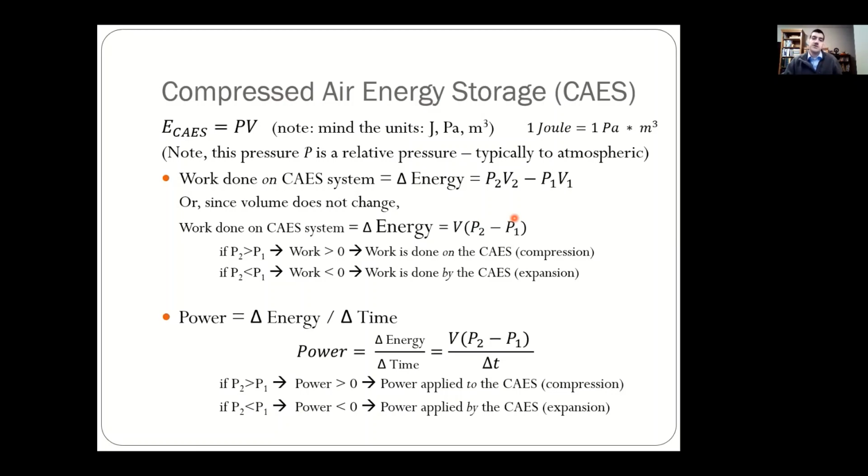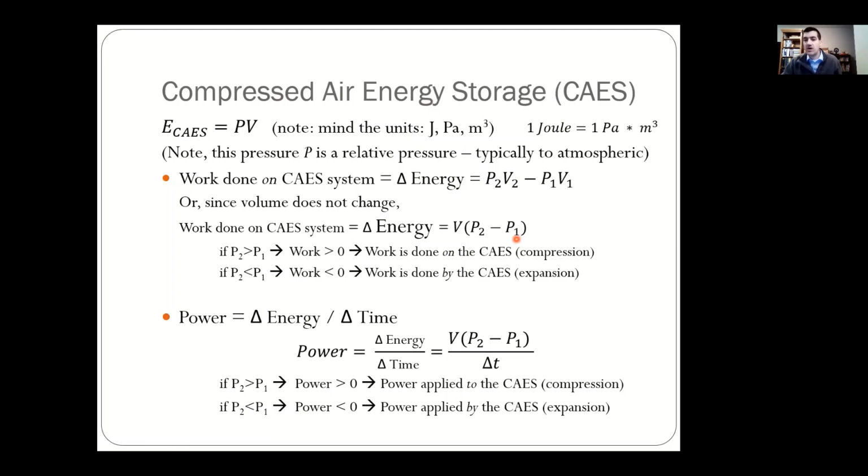So note that if P2 is greater than P1, I'm going to get a positive number here and a positive number for the change in energy. When the change in energy, or the work, is greater than 0, by definition, work is done on the compressed air energy storage system. That means we're compressing the gas. And the opposite is true.